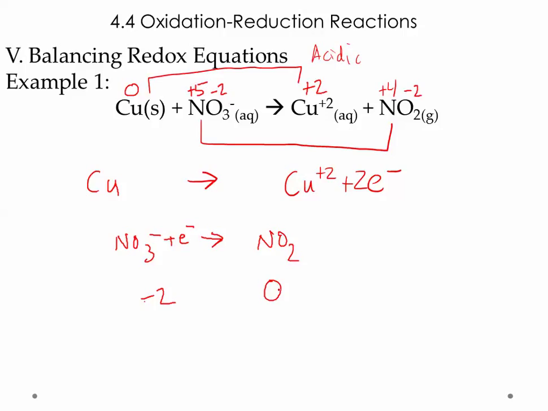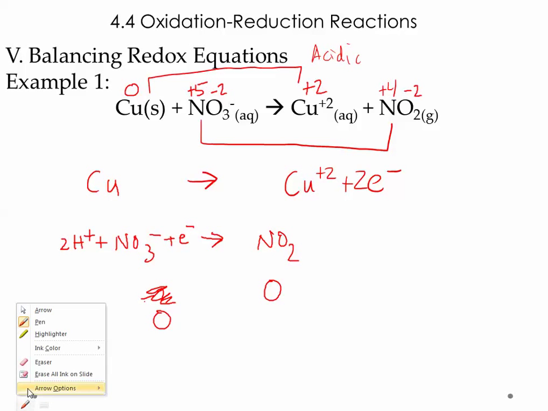Since this is in an acid, we're going to balance the charges with hydrogen ions, with H+. The product side is 0, this is -2, so we're going to add 2 hydrogens to this side, and that's going to bring this charge up to 0. So now we have the same charges on both sides, which are 0.